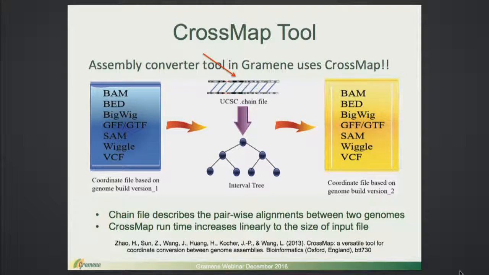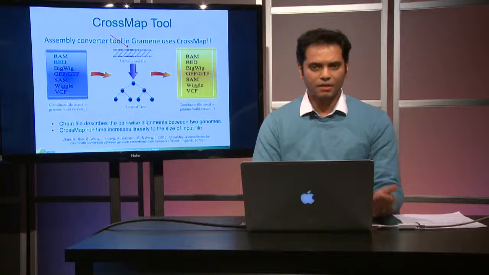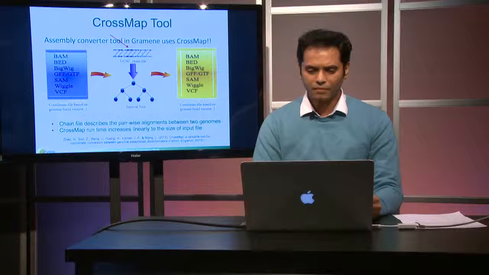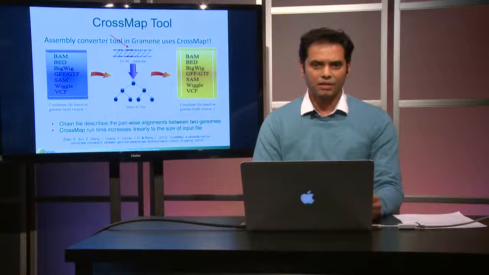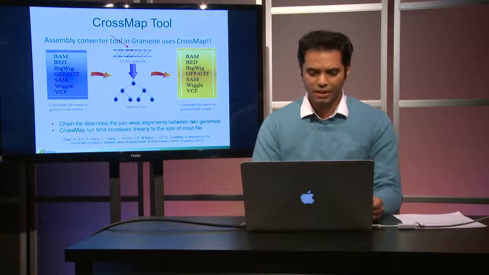CrossMap queries each entry from the input file, which can be in different file formats, such as a BAM file, a SAM, or a VCF file. It takes each entry, remaps it to the target assembly, and queries through the interval tree data to convert the coordinates from an old assembly to a new assembly.